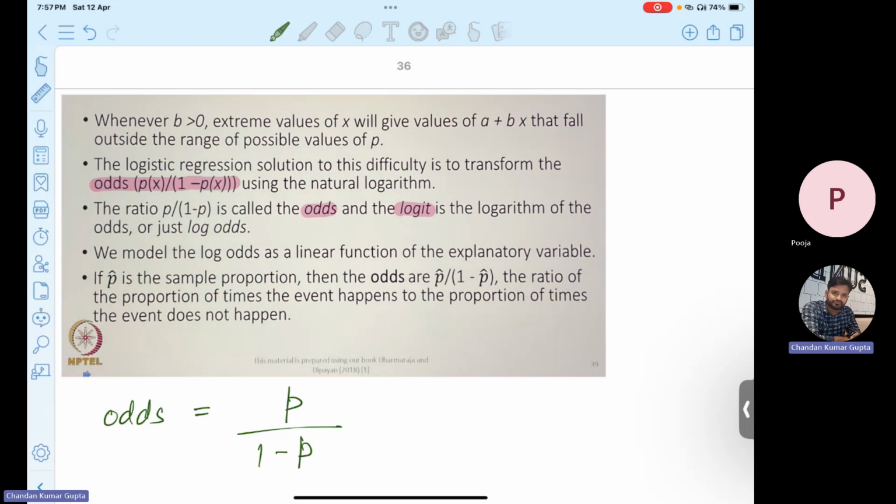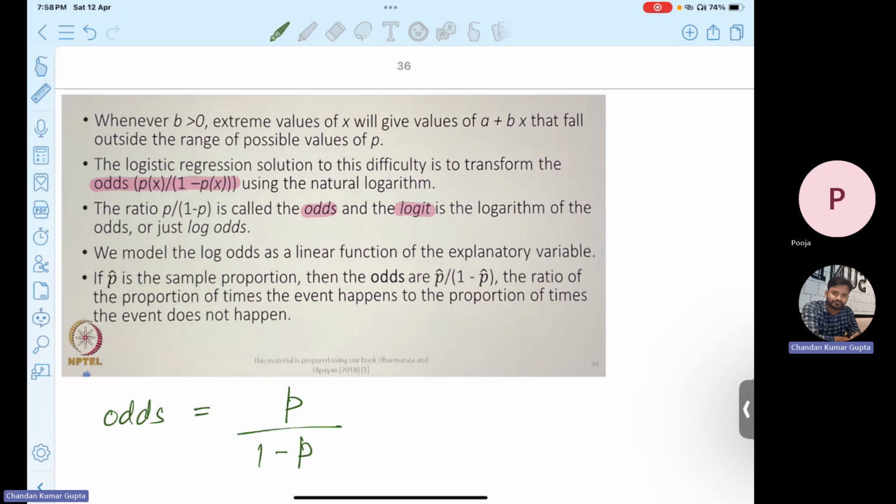Then the ratio of the probability of success to the probability of failure is the odds in favor, or in general we call it odds. So odds is defined as the probability of success divided by the probability of failure. It is not like probability; in the denominator it is not the exhaustive events or the whole sample, it is the probability of failure. So this is the odds.